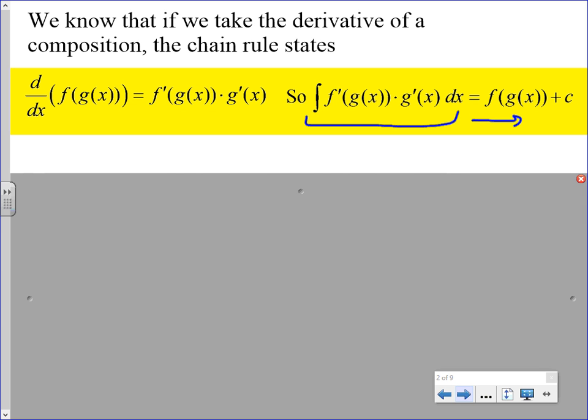Okay? Now we know that we have techniques like rewriting that we can use, right? Where we can either multiply out or divide to simplify, things like that. But if one of those rewriting techniques will not give us something nice to work with, and we have a composition, we can try u substitution, okay?